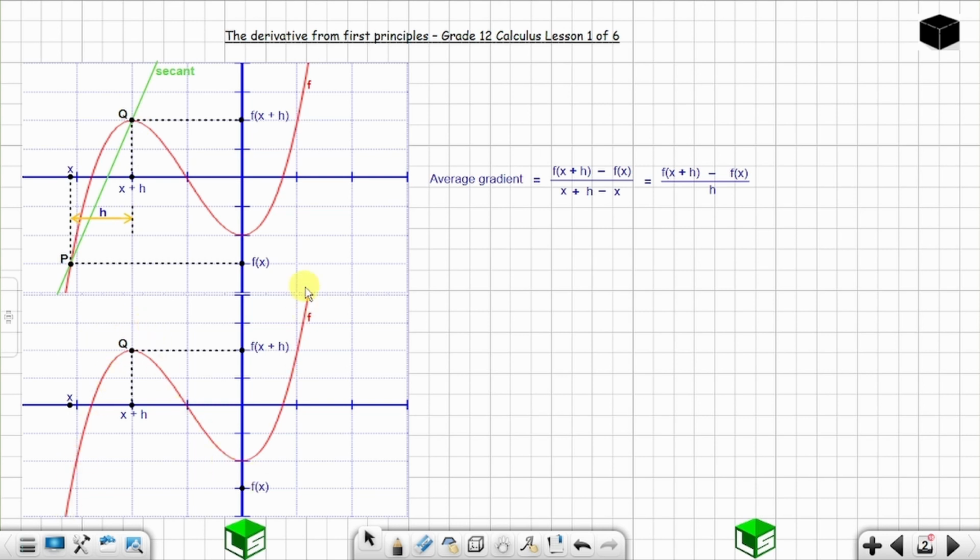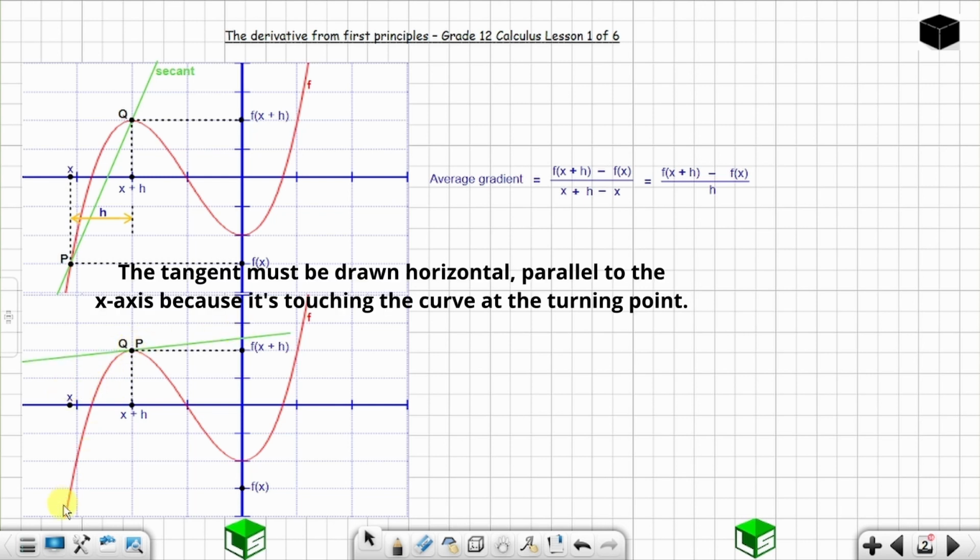So what we are going to do is to take point P and move it and get it exactly above Q. When you move point P and you get it exactly above Q, this is what you get. So you are going to have this line which is touching the curve at one point only.